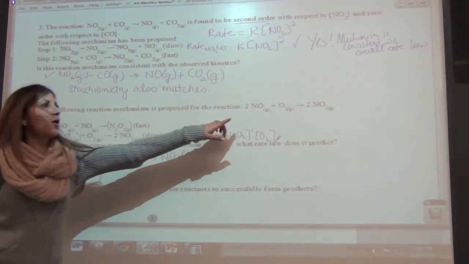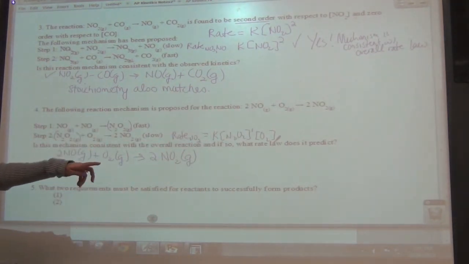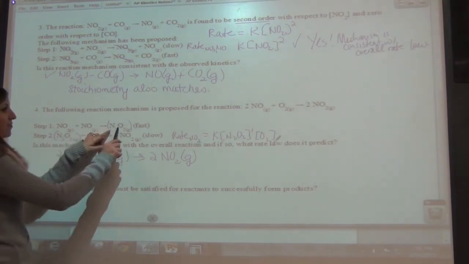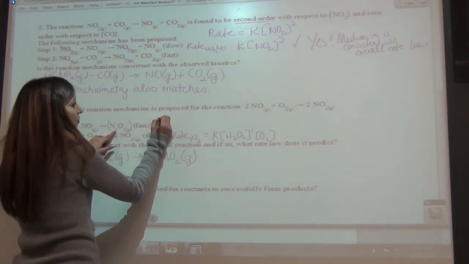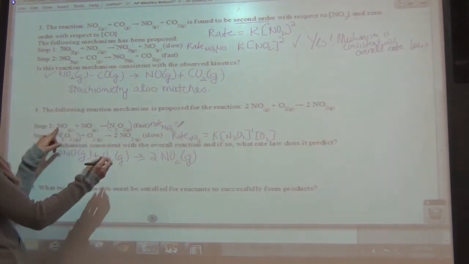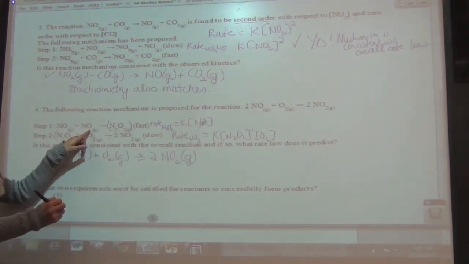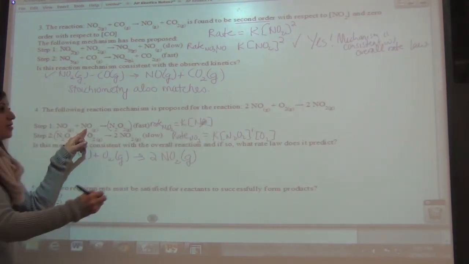It does not appear in my overall reaction, which means I need to get rid of it. How do you get rid of it? Substitution. Perfect. We're going to use substitution. So let's figure this one out. So this one is the rate of N2O2 is equal to K times NO times what? NO, which means it's NO squared.